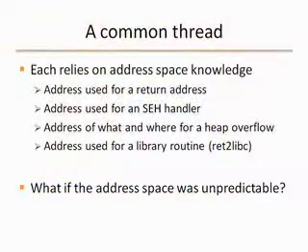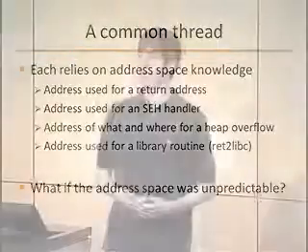Each of the techniques that I've talked about generally relies on some knowledge of the address space. For instance, when we were overwriting the return address, we needed to know what address to overwrite it with so that we could execute code. We needed to know the address of our shellcode, the address of a jump ESP, and so on. When we talked about the SEH overwrite, we had the same sort of problem.